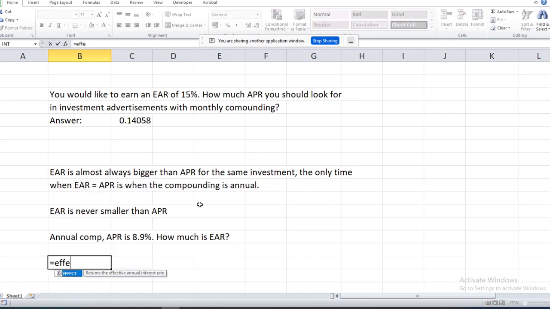The nominal rate is 0.089, and there is only one period within 1 year. So it's annual compounding. As you see, effective annual rate is the same as APR. That's the only time when they are the same. In any other times when compounding is less than per year, effective annual rate is going to be bigger than APR. It's never smaller than APR.